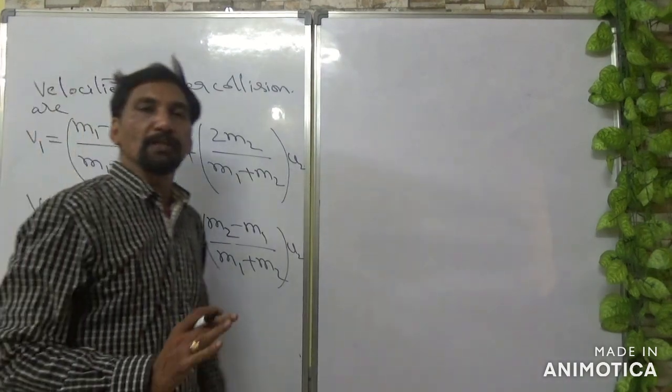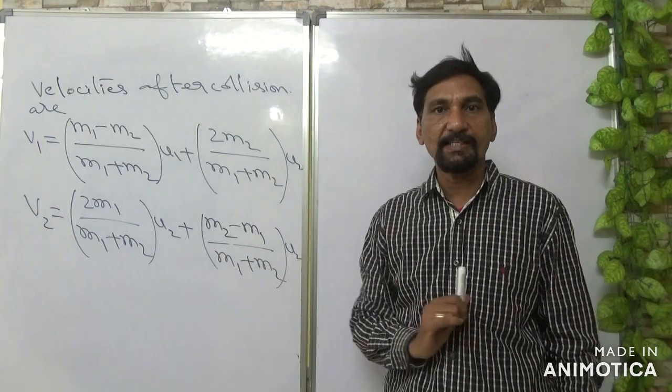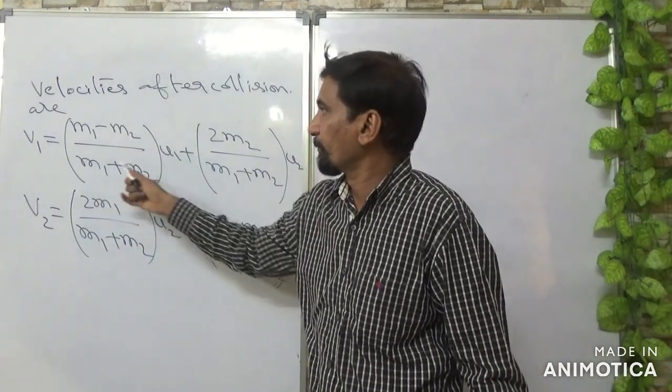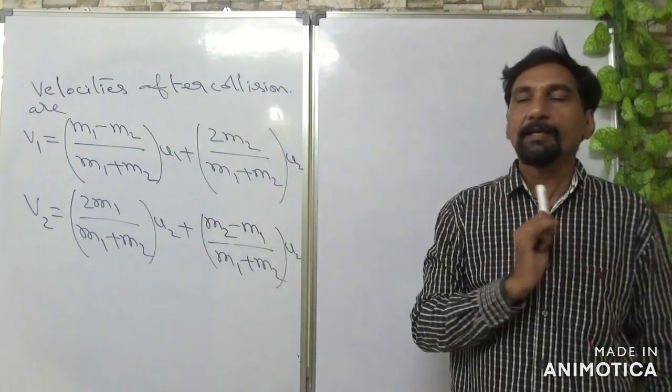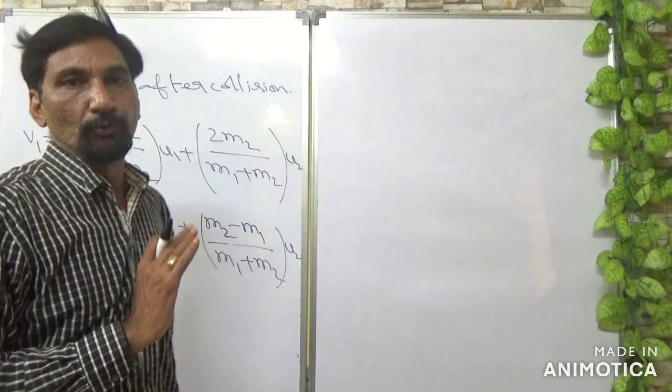So in case of elastic collision, the final velocities of the two bodies are: m1 minus m2 by m1 plus m2 into u1, plus 2 m2 by m1 plus m2 into u2.